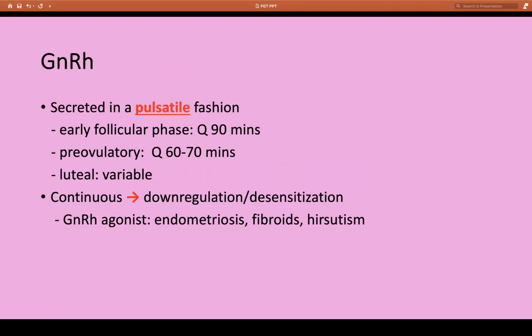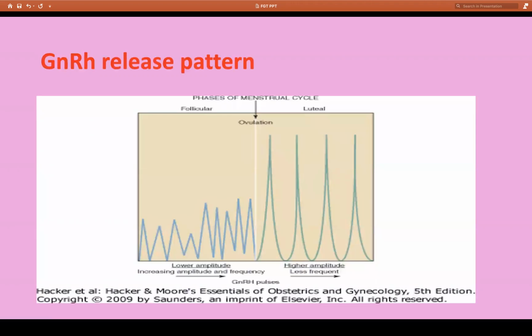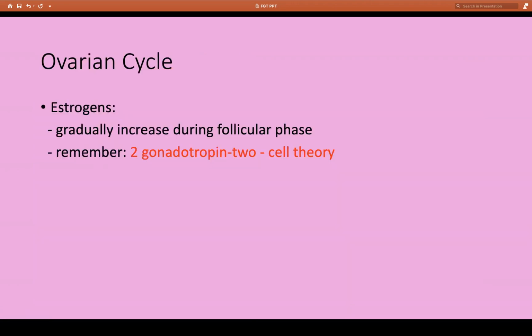GnRH release is pulsatile, usually every 60 to 90 minutes. In the first half of the cycle, the frequency is higher but the amplitude is lower. In the second half of the cycle, the frequency is lower but the amplitude is higher.